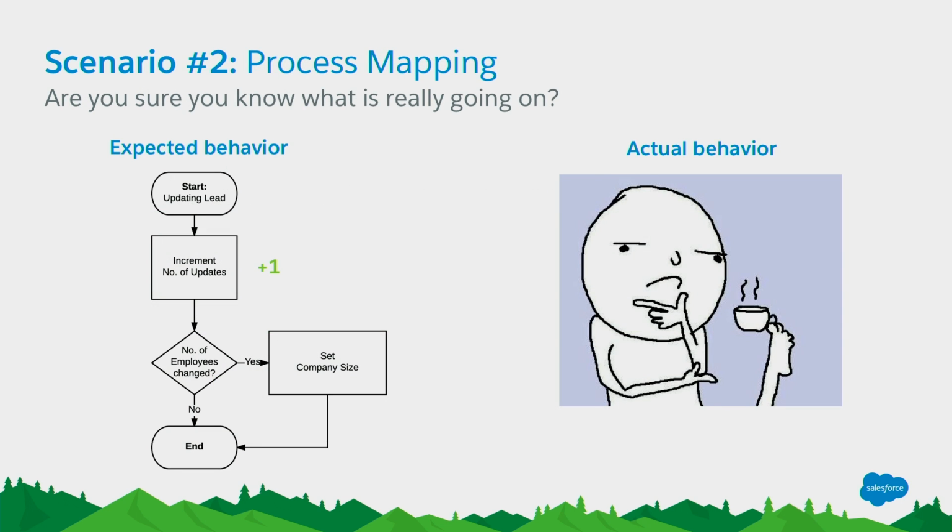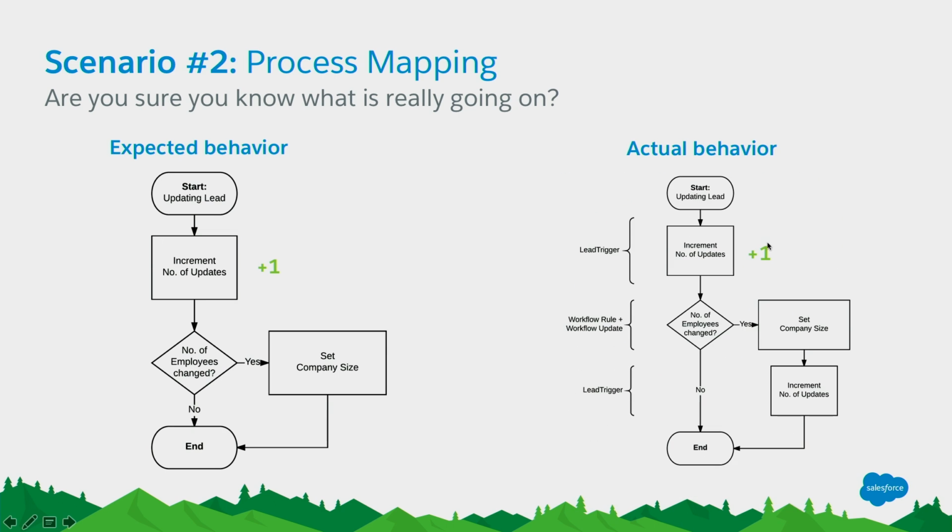So again, process mapping, expected behavior was to use our trigger to increment the number of updates by 1. And then with our workflow rule, we want to check if the number of employees changed. And if it changed, we want to update the company size. But based on the order of execution, we can tell that the triggers are being executed twice.